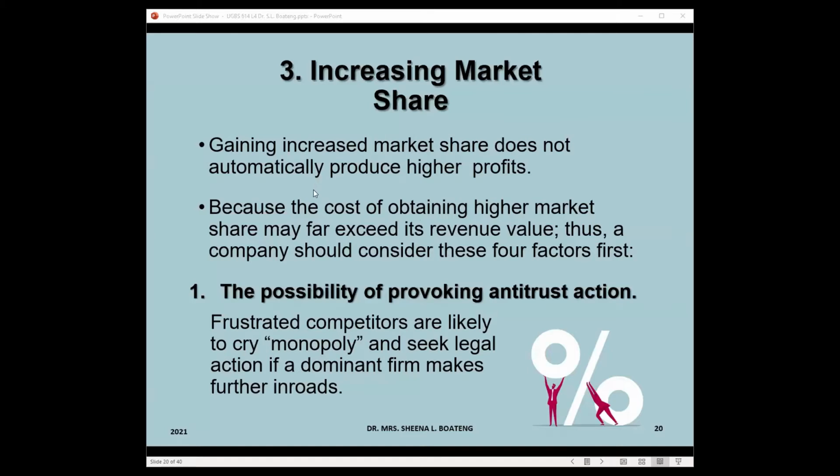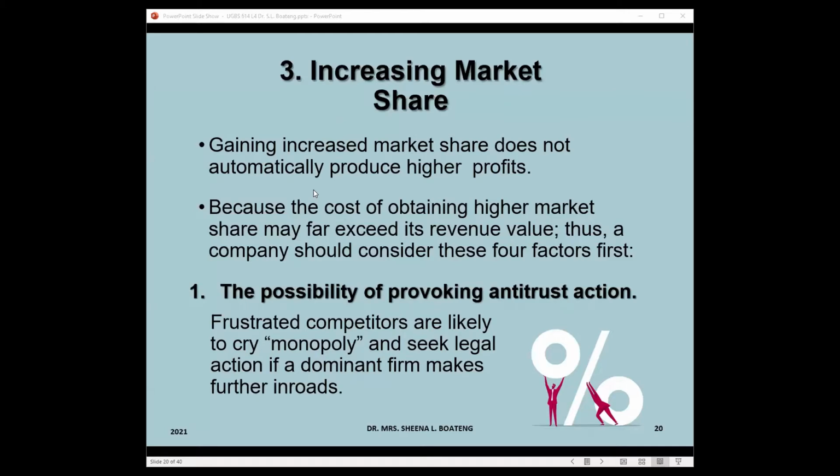And this is usually the case when the cost of obtaining this market share exceeds the revenue or the value that the firm gets as a result of this increase in market share. And we can say the costs of obtaining the market share are higher than the revenue or the value received in a number of instances.